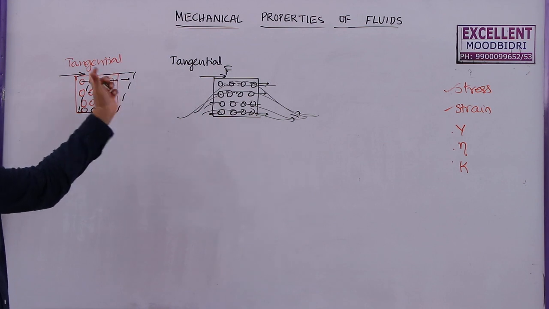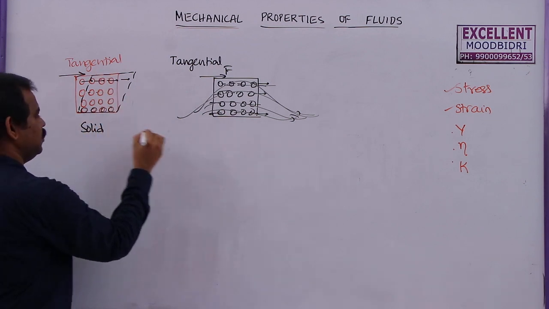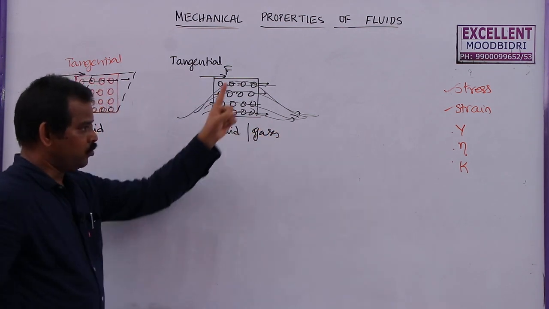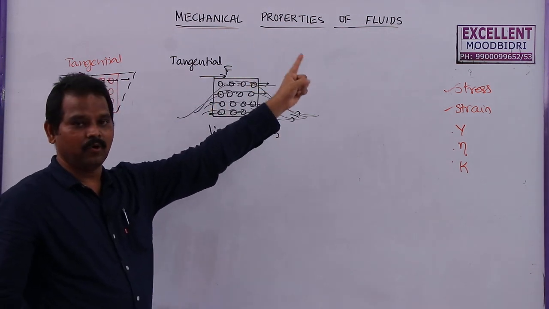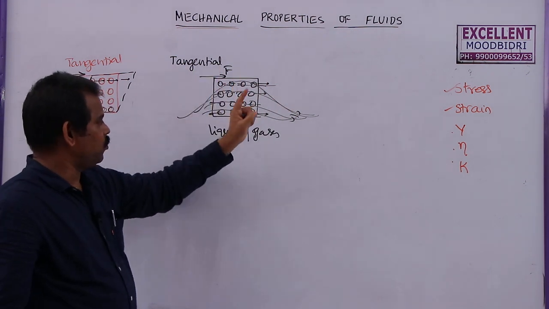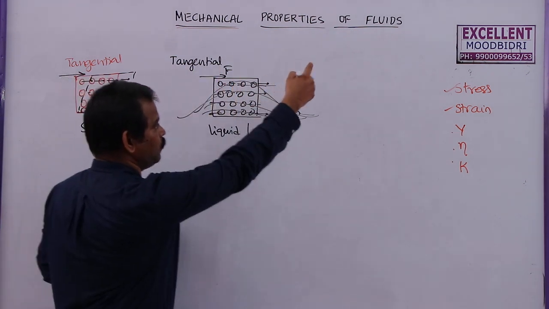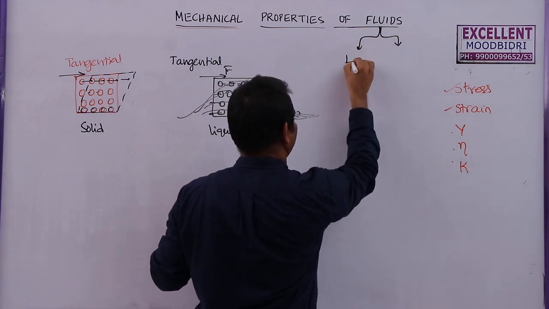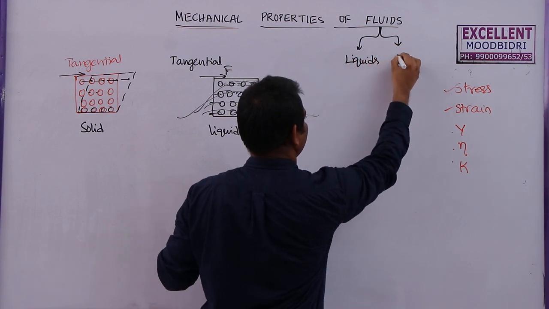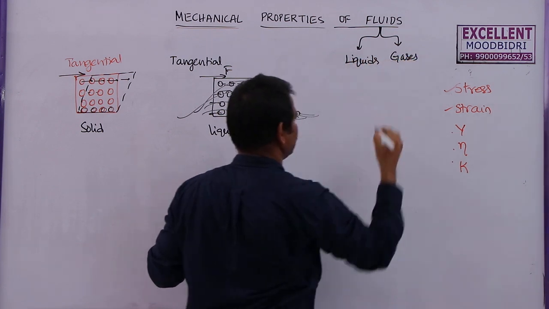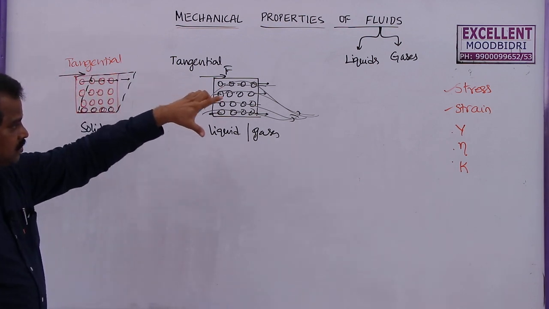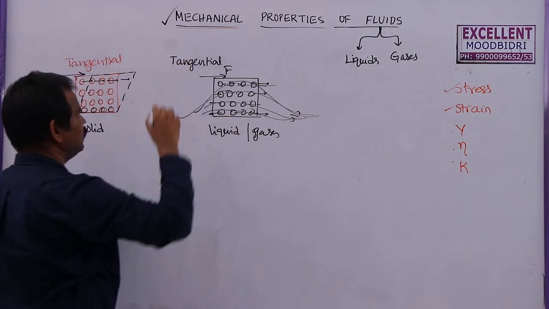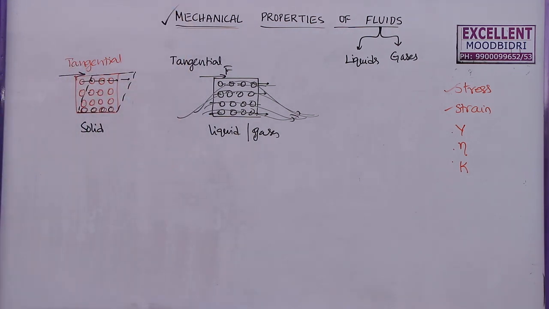So what is the main difference between a solid and a liquid or gas? Fluids means the substances that can flow easily under the application of force, that is tangential stress, are known as fluids. So fluids can be divided into two parts here. One is liquids and second one is gases. So under the application of these stresses, what is the behavior of these fluids? That we study as mechanical properties of fluids.